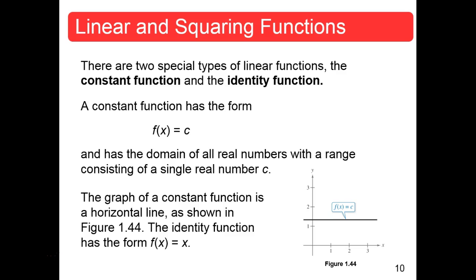What's the x-intercept? There is not one, okay? Unless, of course, C was 0, then every point is an x-intercept. What's the y-intercept? It's 0, C. Because that's the only value y will ever take on.